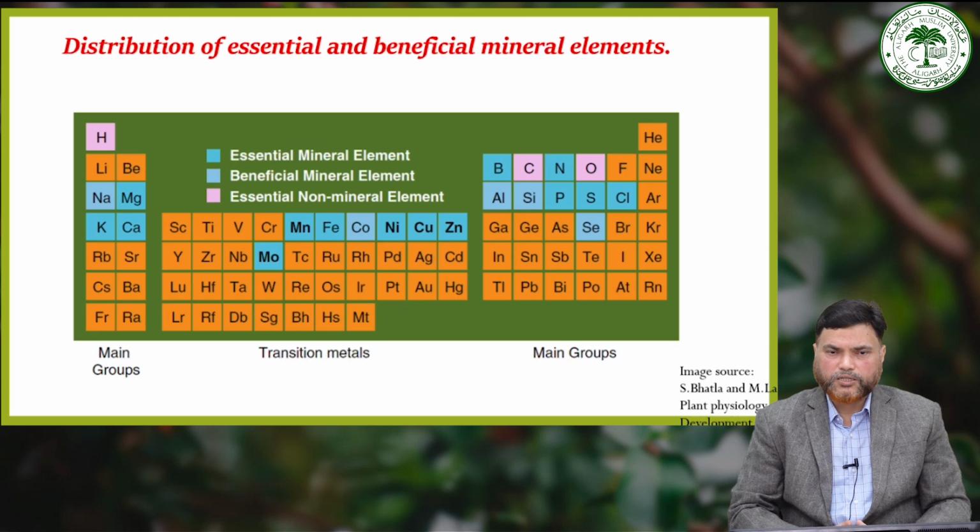On the basis of mobility, the initial deficiency symptoms could be visually observed. If visual symptoms are initially observed in the older parts, the deficiency could be due to mobile elements. If the initial deficiency symptoms of any essential mineral element are observed in the younger part, it is sure that it could be due to deficiency of immobile elements.